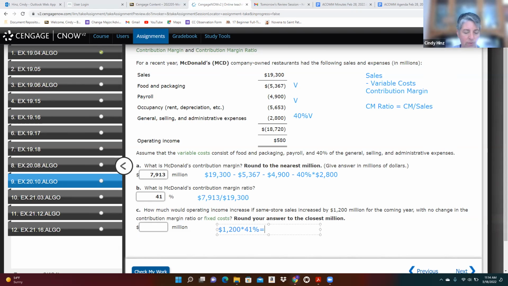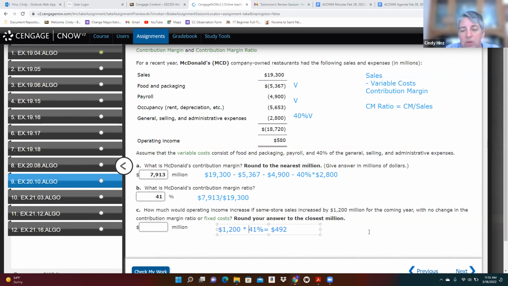So 41% of those additional sales would be the additional contribution margin.